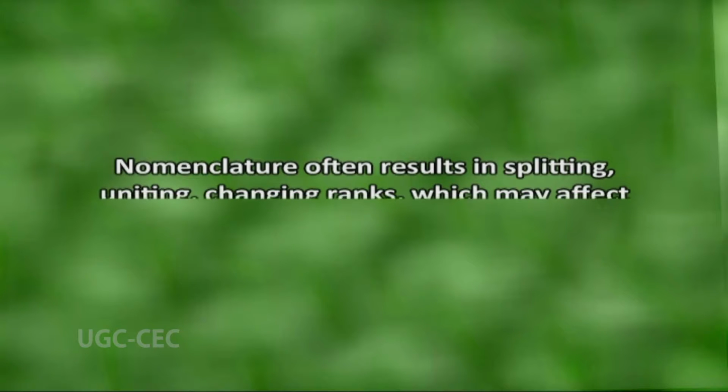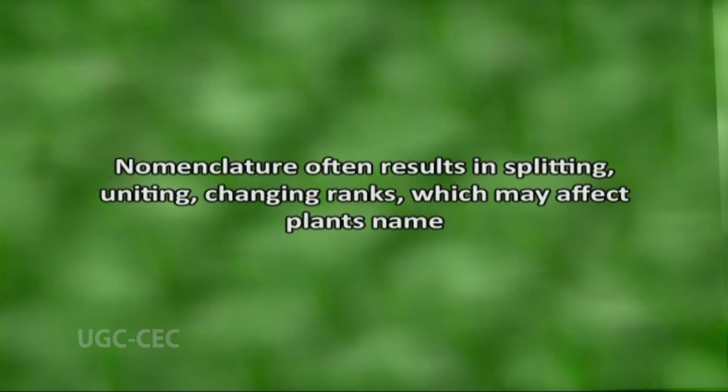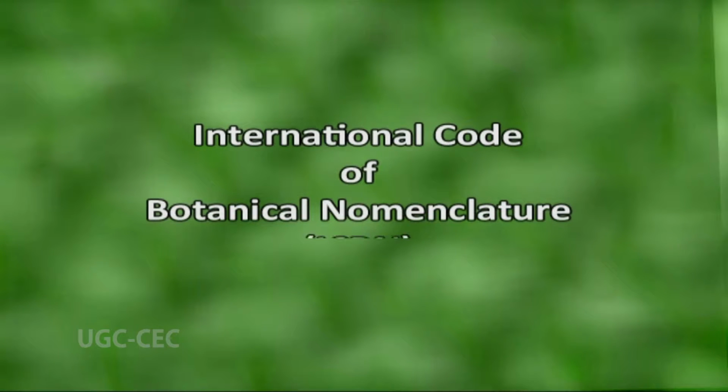Often, constant study of plants results in differences of opinions concerning past work. This often results in splitting, uniting, changing ranks, etc., all of which may affect the plant's name. Thus, universal rules are needed to determine the correct name for a plant, and the rules for naming the plants are governed by the International Code of Botanical Nomenclature (ICBN).